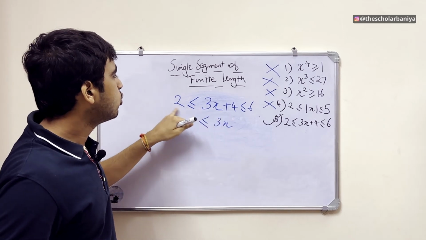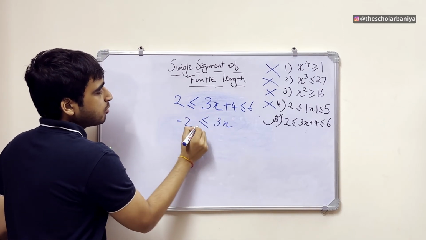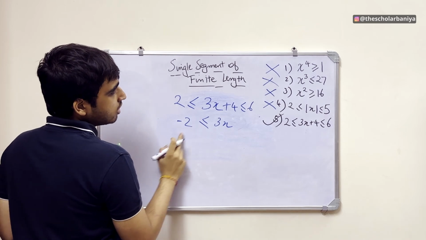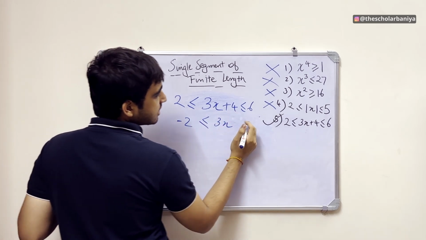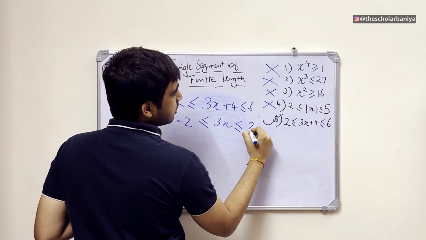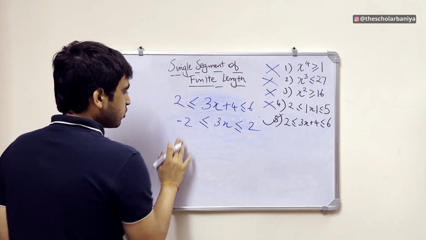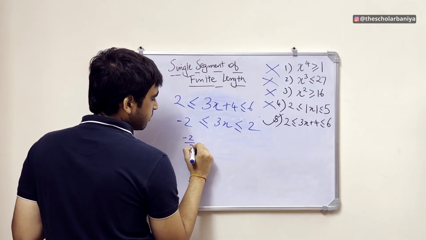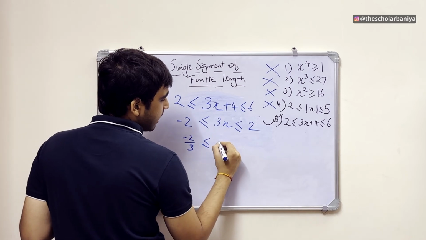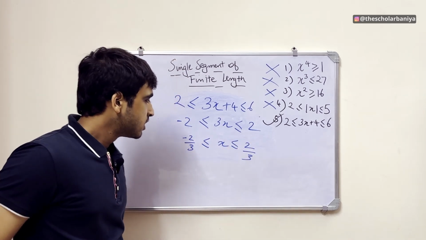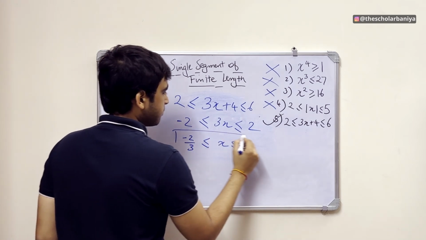So 2 minus 4 is -2, 3x plus 4 minus 4 is 3x, and 6 minus 4 is 2, right? Now let's divide by 3 on all the parts. So -2 by 3 is less than or equal to x, which is less than or equal to 2 by 3, right? So this is the solution that we are getting.